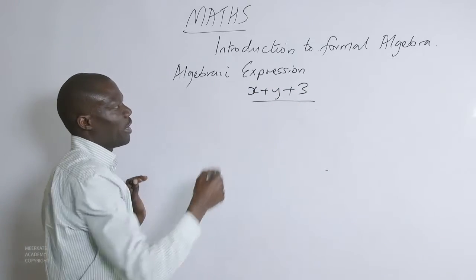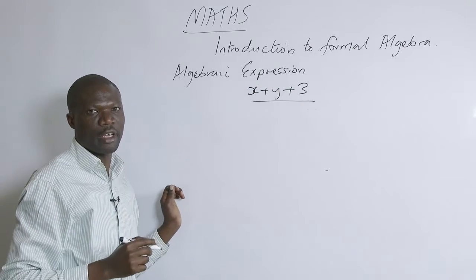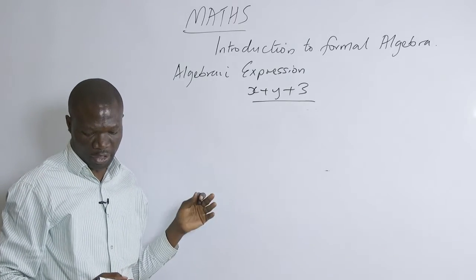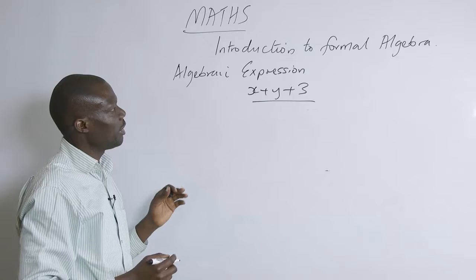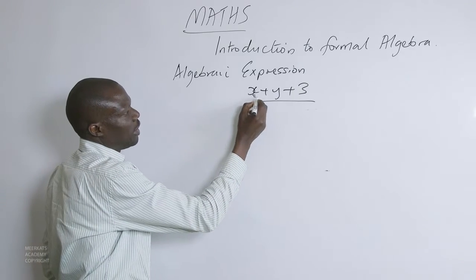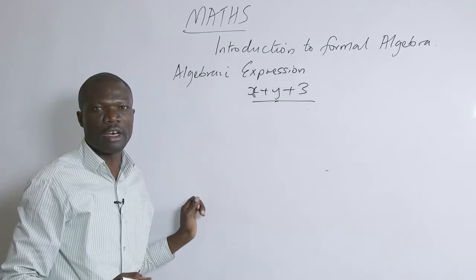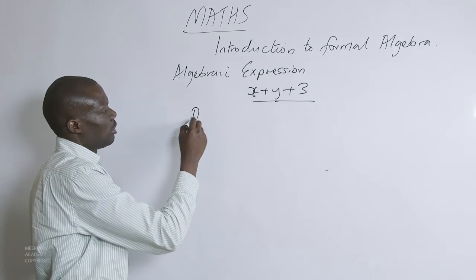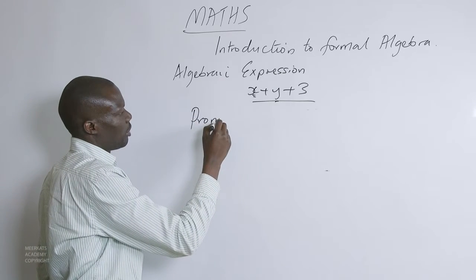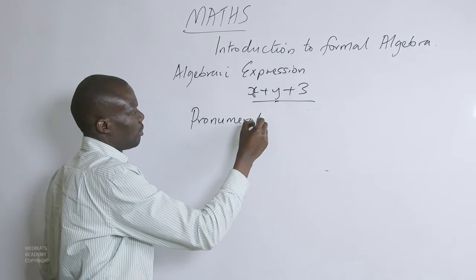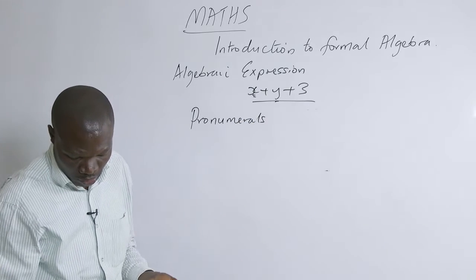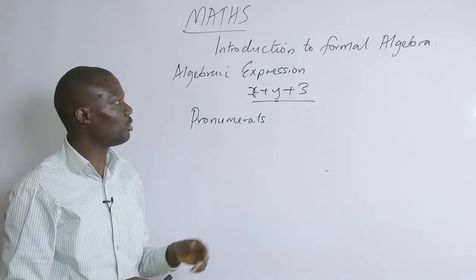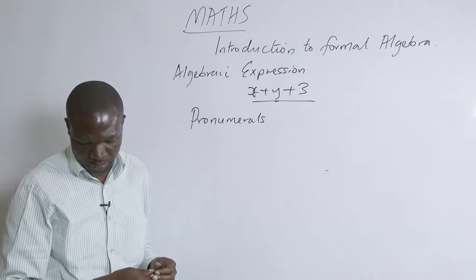This one here is an algebraic expression, as we had seen in our previous class. The other thing we need to know is these letters, the unknown letters that we have. These are called pronumerals. Pronumerals are the letters that are used in an expression.